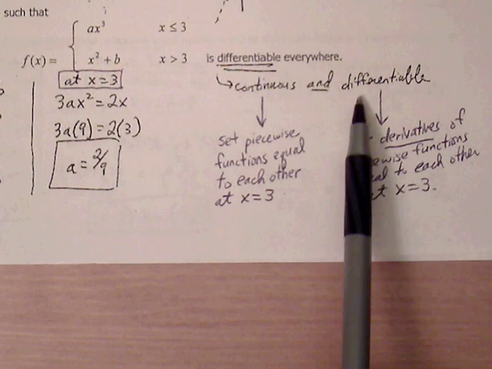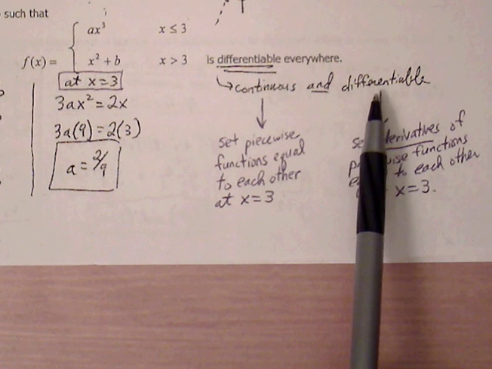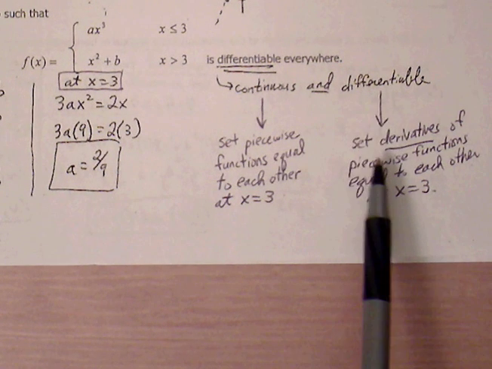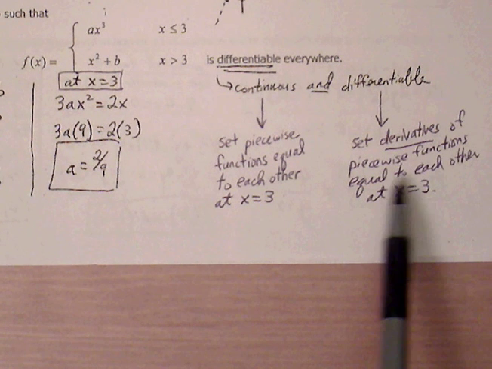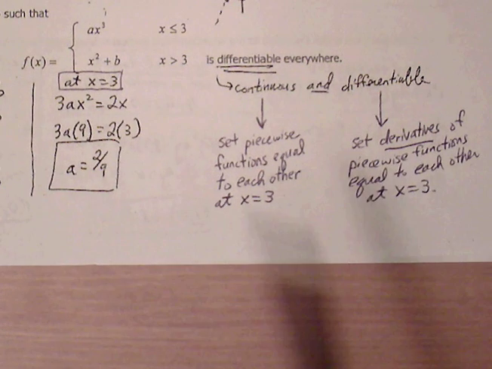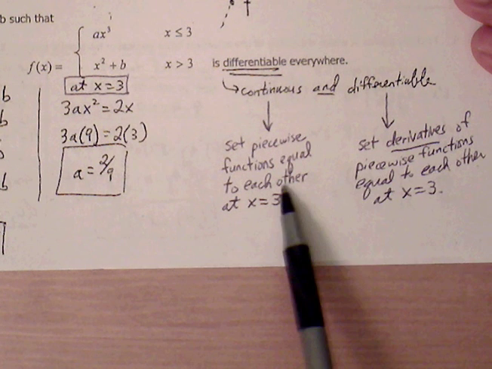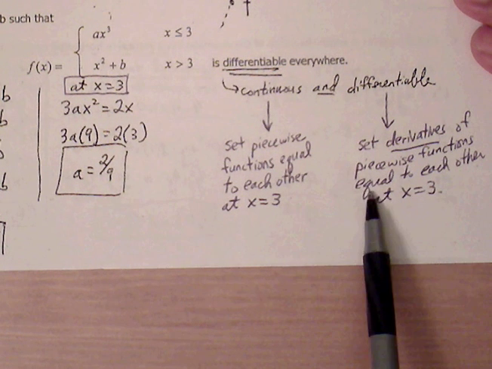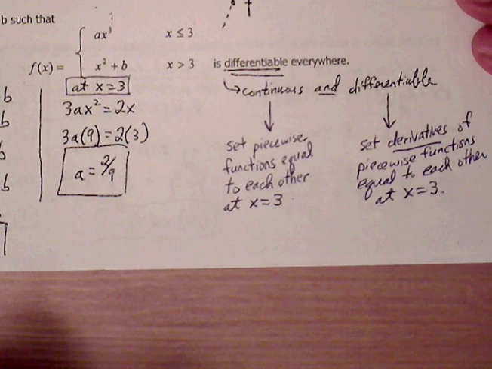Differentiable means that it's a smooth curve, that their derivatives will be the same. They're going to have the same slope, so we can find their derivatives, set them equal to each other at x equals 3, and at x equals 3 they must share the same slope. So now we have 2 equations that we can set up, a system of equations, most likely using substitution to plug into the other and solve.